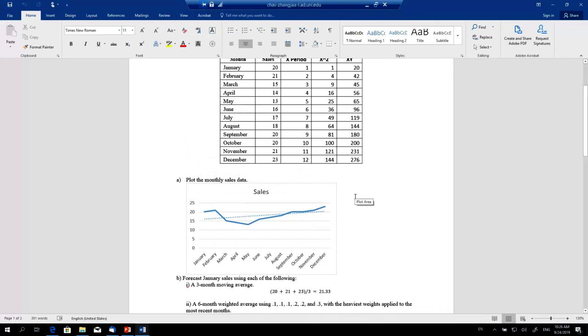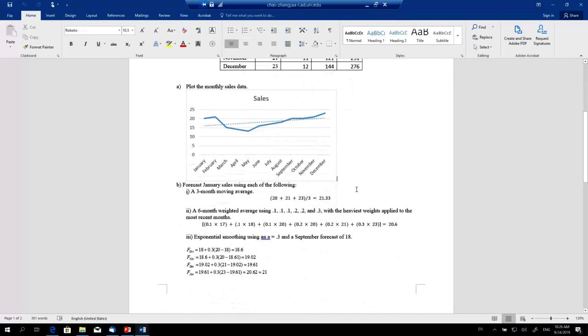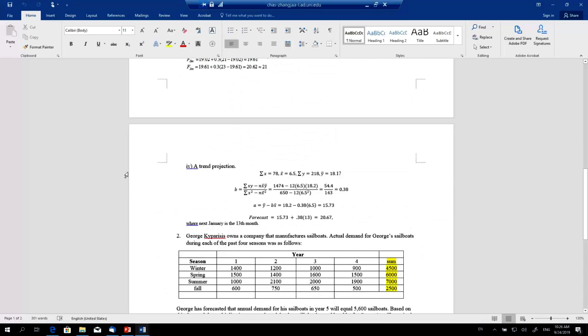You need to plot this data, then solve each of the problems one by one, and then come up with the model.